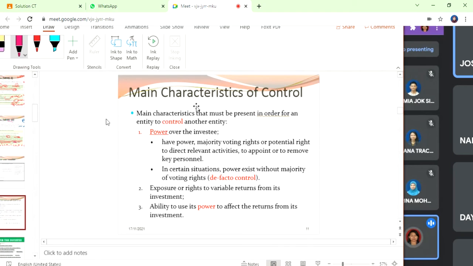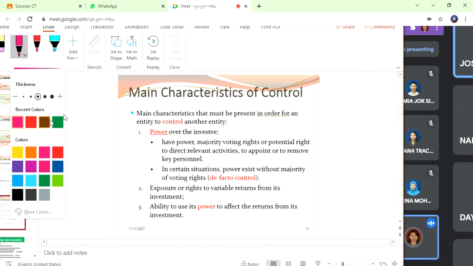So there are three elements of control. There are three characteristics of control. For an entity to control another entity, number one, there must be power over the investee. Have power, majority voting rights, potential rights to direct relevant activities, to appoint or to remove the key personnel.